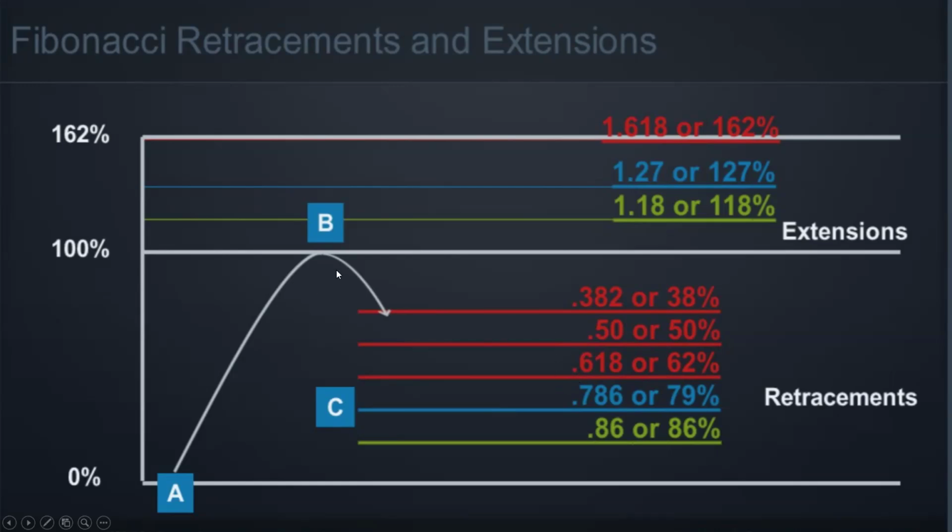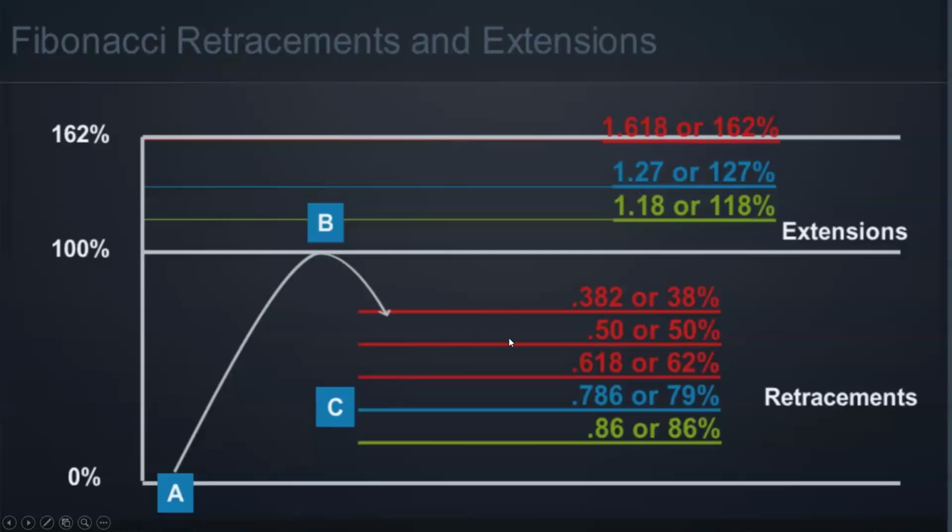So what it means is that when the market has moved from A to B and is pulling back into the A-B boundary, you want to take cognizance of these levels. Because when the market gets to each of these levels, if it is going to change direction from that place, it will give you a candlestick formation. So the market gets to 38.2, gives you a candlestick formation, it will buy. 50, candlestick formation, it will buy. 61.8, candlestick formation, it will buy.